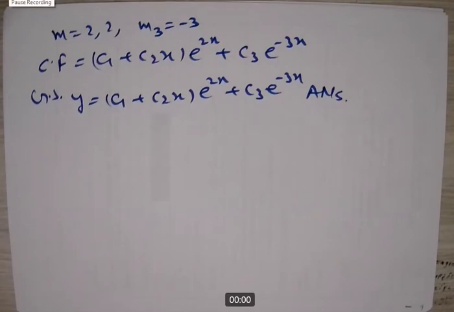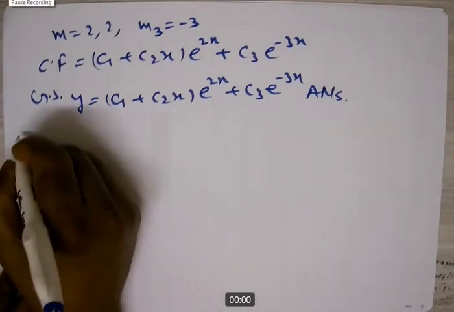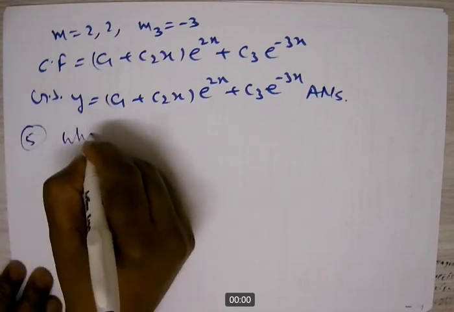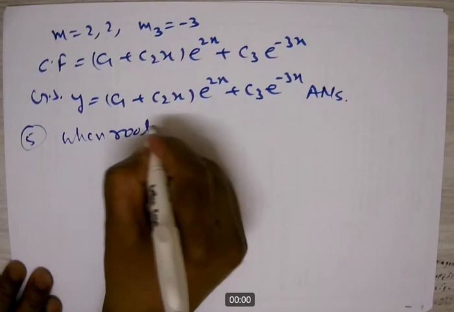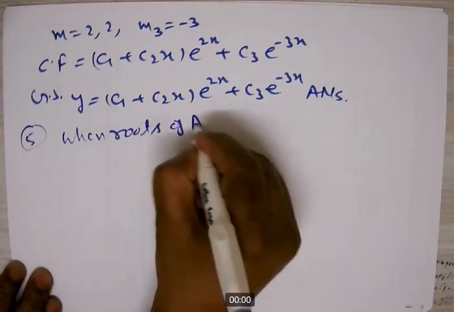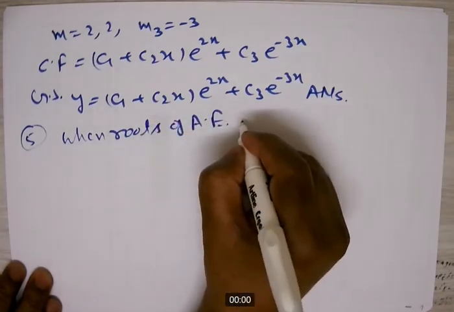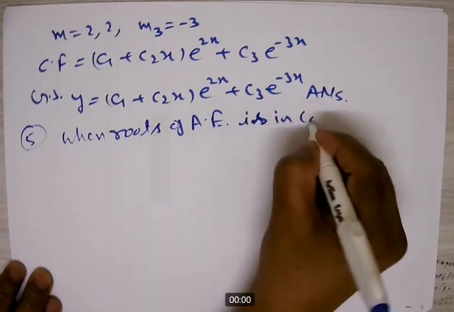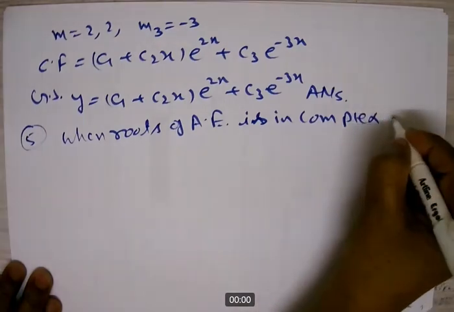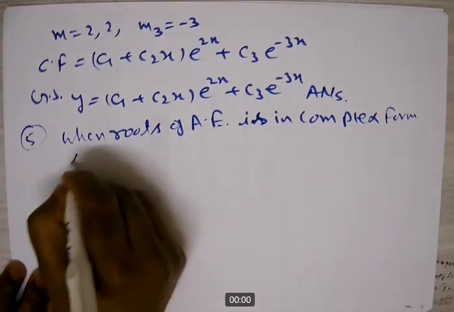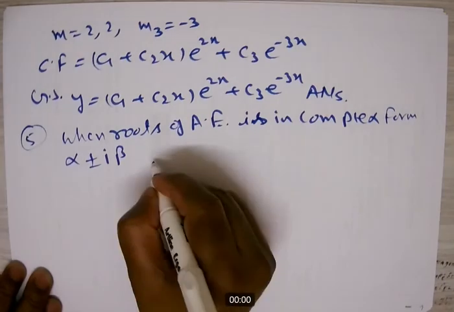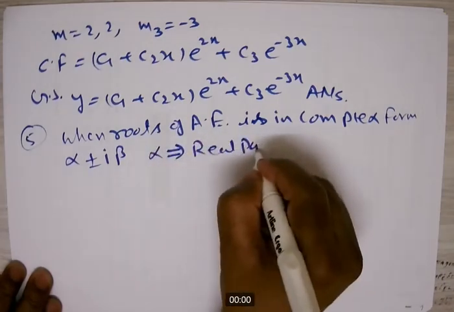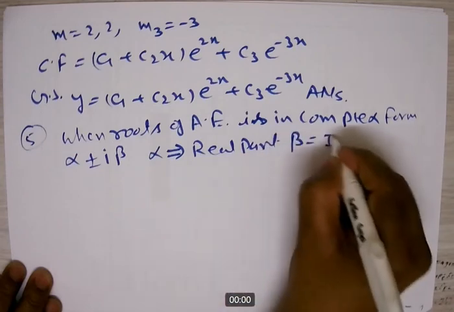Now the another case, case number 5, when the roots of the auxiliary equation are in complex form, that means alpha plus minus i beta, where alpha means the real part and beta means the imaginary part.